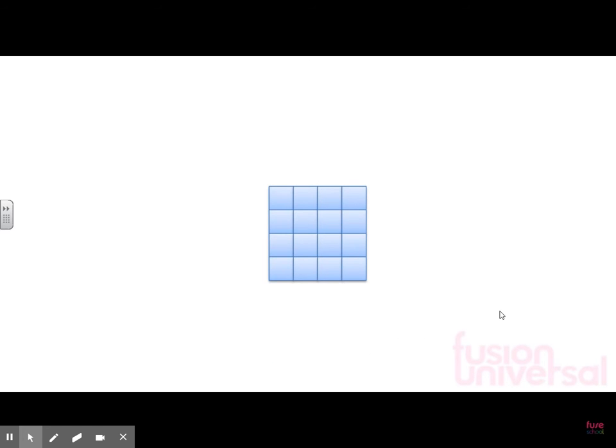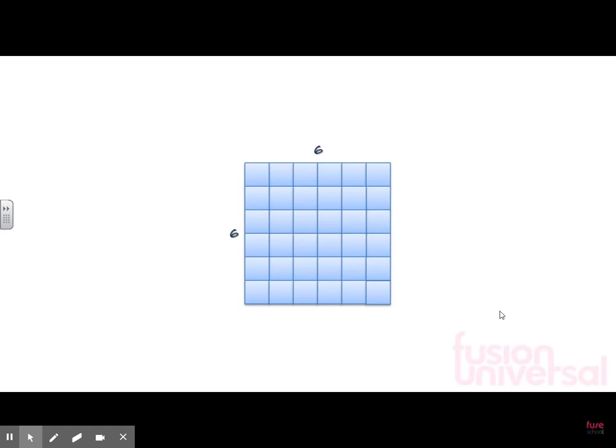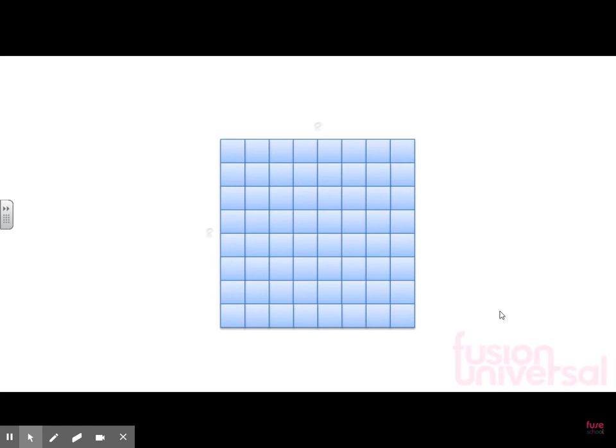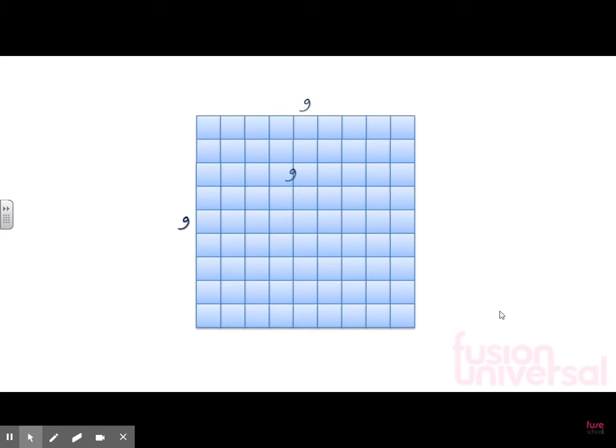As this continues, we find that 5 times 5 equals 25. 6 times 6 equals 36. 7 times 7 equals 49. 8 times 8 equals 64. 9 times 9 gives us 81.